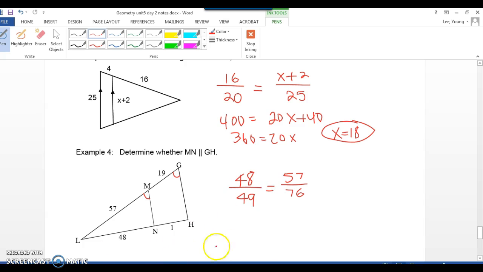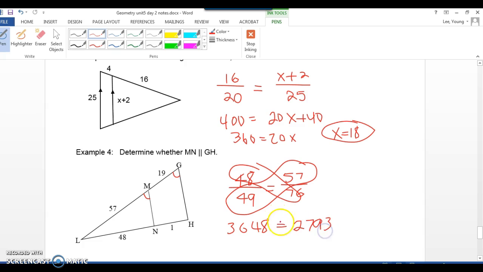It's not proportional, but let's just do it anyway. 48 times 76 is 3,648. And the product of 57 times 49 is 2,793. Are they equal? No. That means they are not proportional.